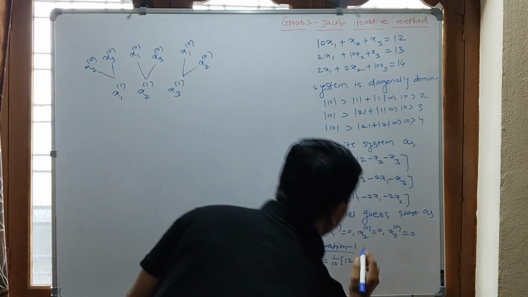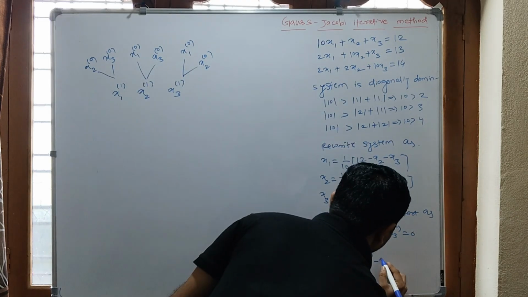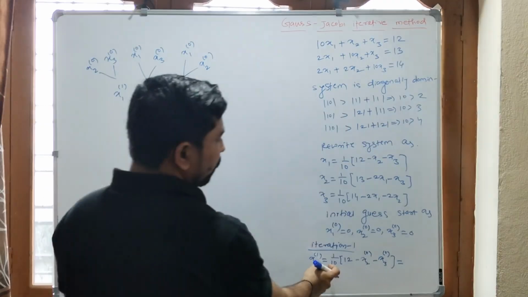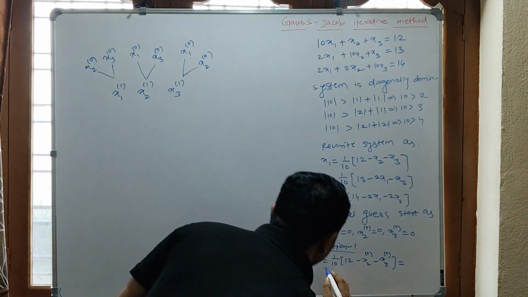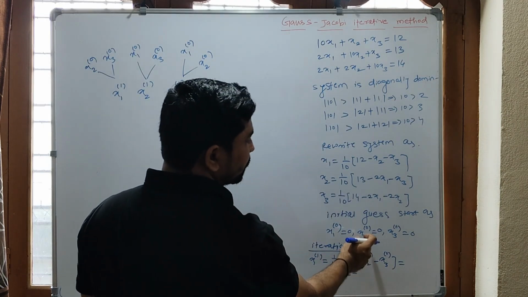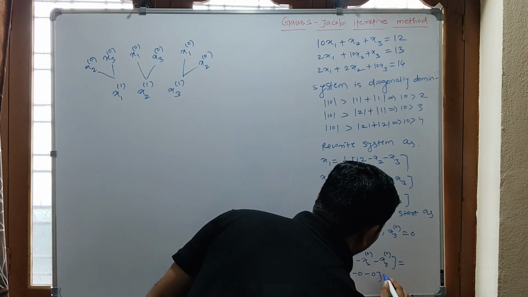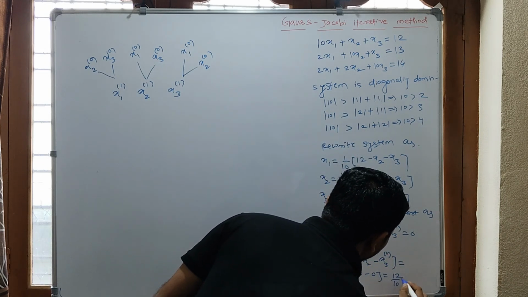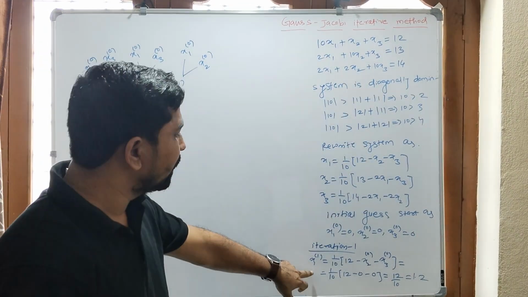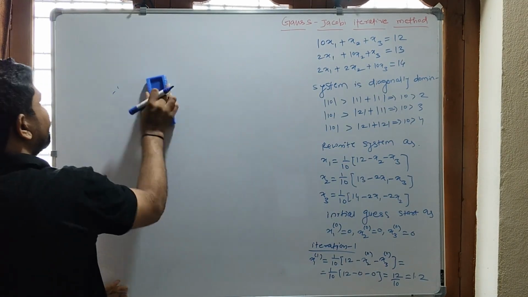So 1 by 10 times 12 minus x2 at 0, which is 0, minus x3 at 0, which is 0, which is equal to 12 by 10, which is equal to 1.2. Done.